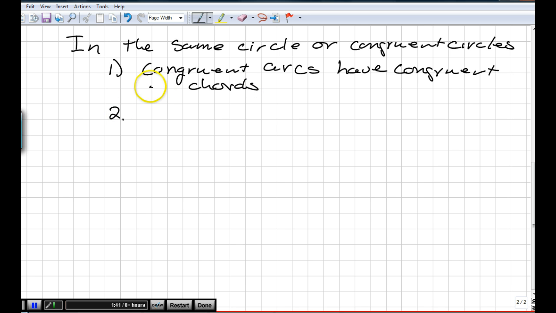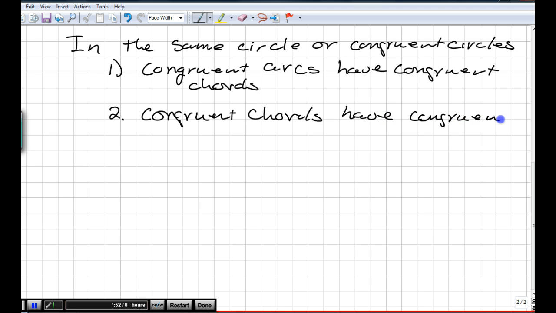And number two, congruent chords have congruent arcs. Okay? So in other words, the converse is true.